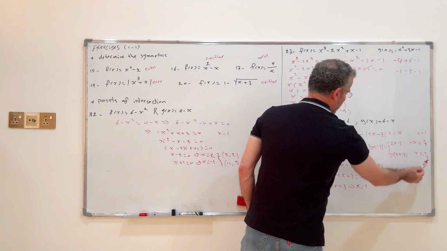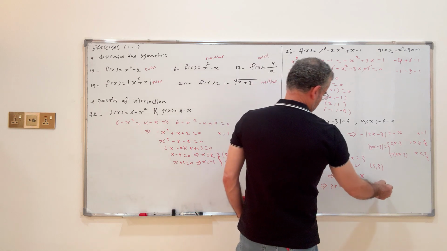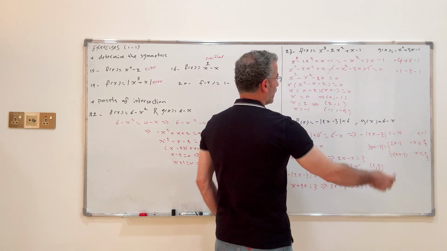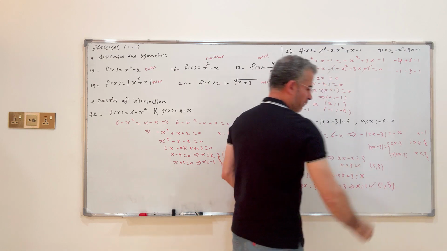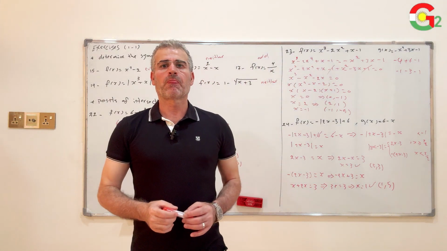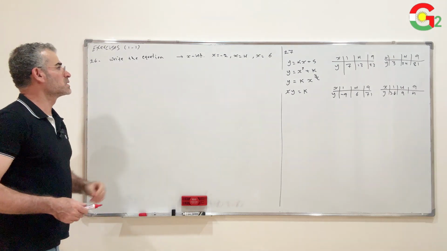Is 1 less than 3 over 2? Yes, it is less, so it is an intersection point. To find the y coordinate, substitute here, 6 minus 1, 5. (1, 5) is another intersection point.